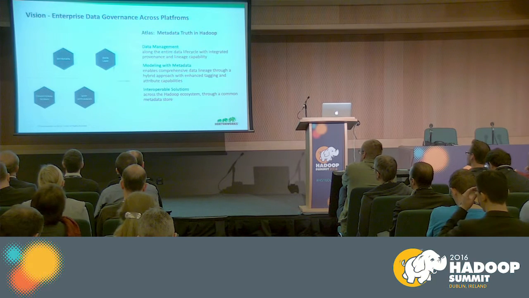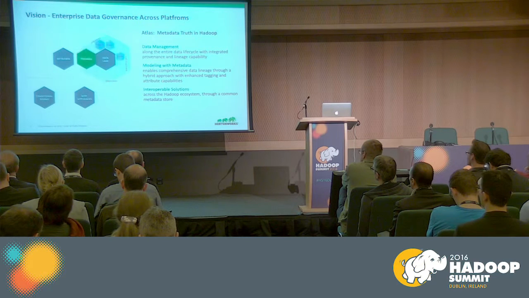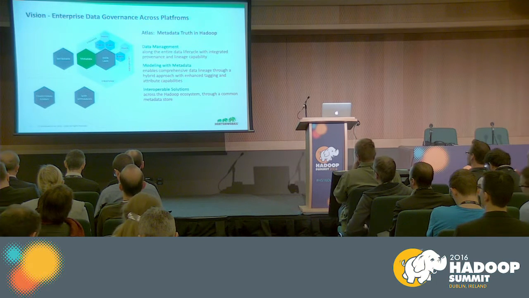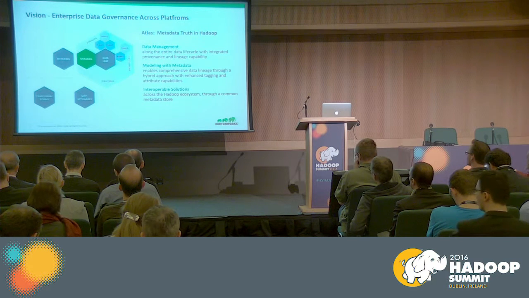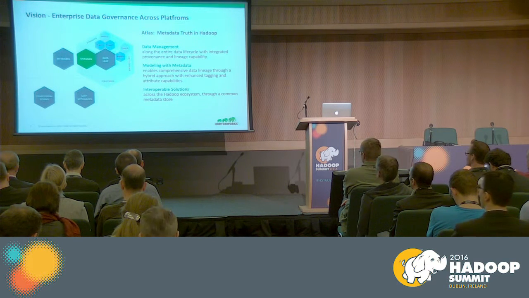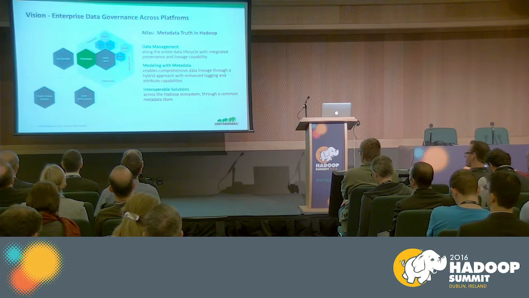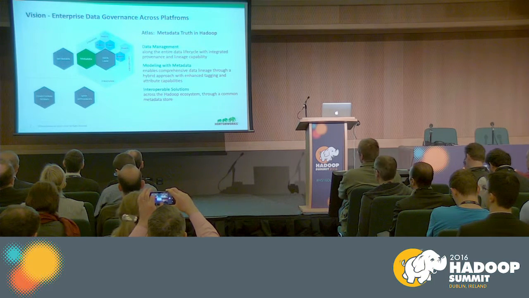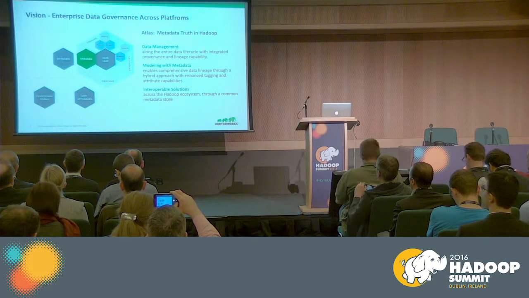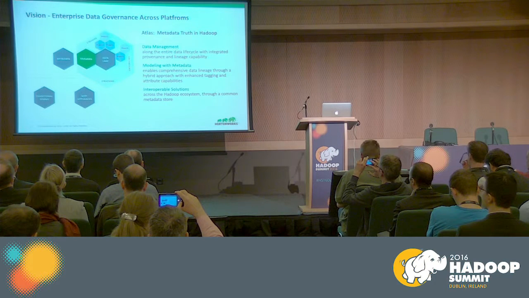Okay, so these are our primary objectives, right? We want to make sure that we have good data management, good modeling with metadata, and interoperable solutions. Not all data is in Hadoop yet, and we want to make sure that while you move data in, you have the continuity that you've had in the other systems, right?